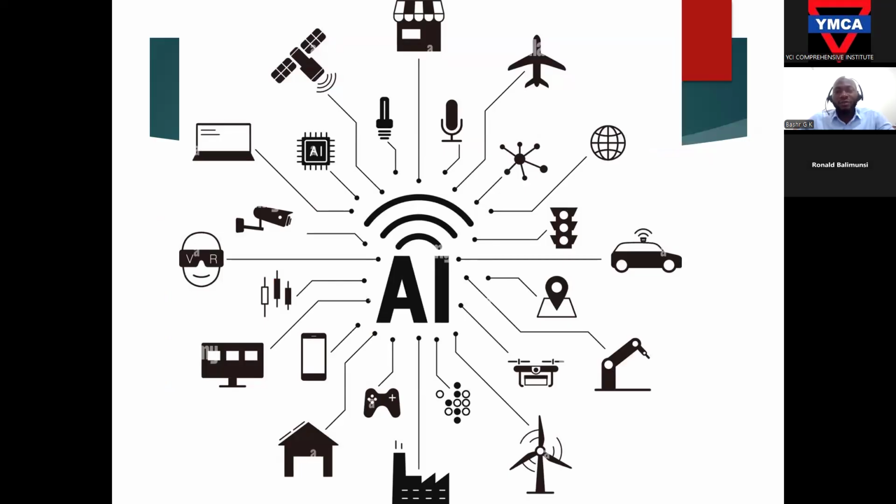So in brief, AI is used in many areas. If you have AI in the middle here, you'll talk about sound, space, the internet, traffic, Google Maps, drones, smart homes, smart cities, video games, 3D and also many others.